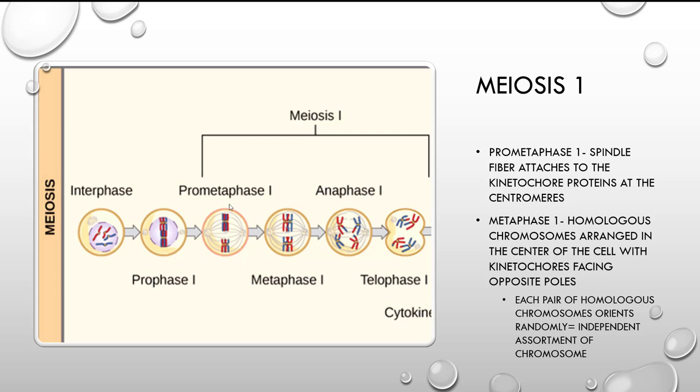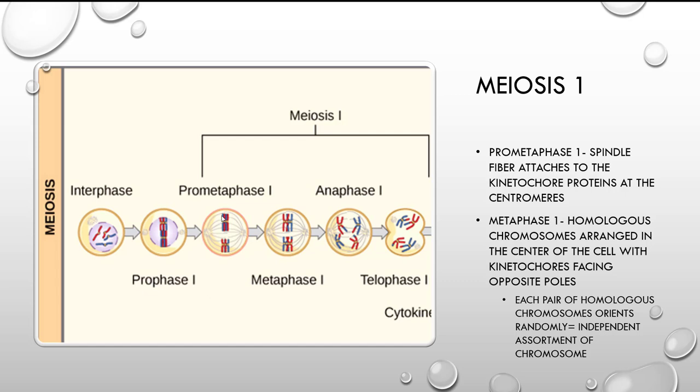In prometaphase part 1, the nuclear envelope has fully dissolved. The mitotic spindle has extended and has attached to the kinetochore proteins at the centromeres, just like in mitosis. So nothing real different about prometaphase part 1 as in mitosis.